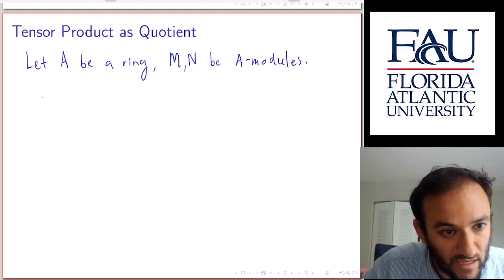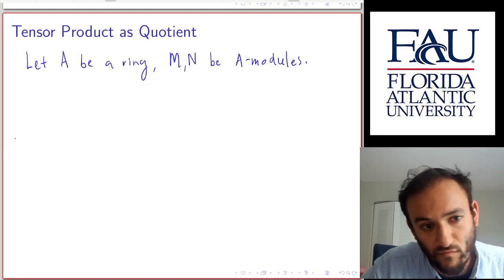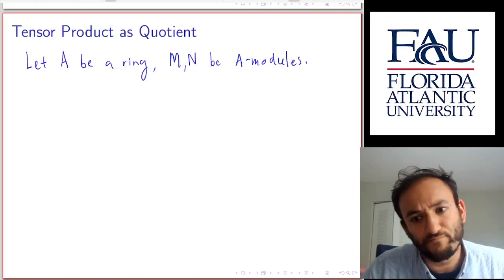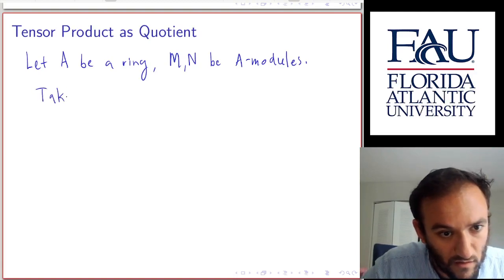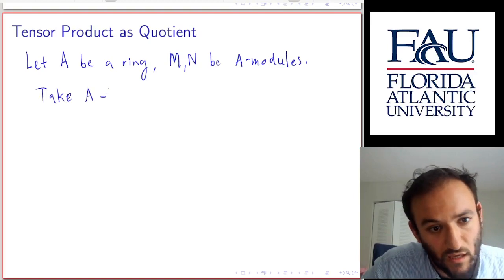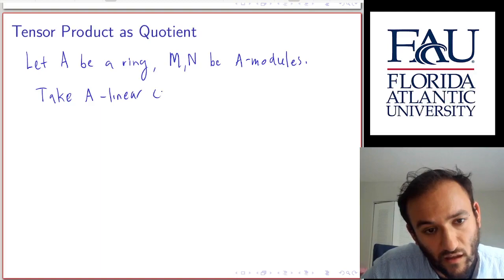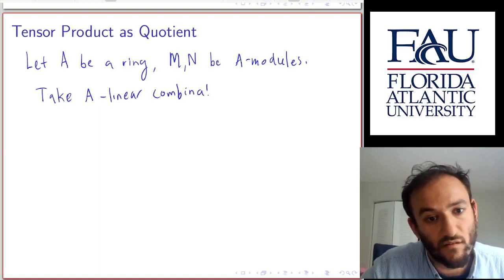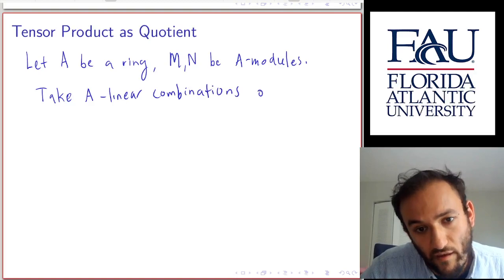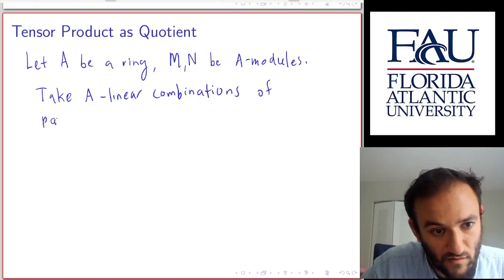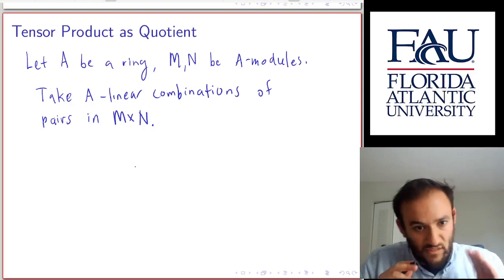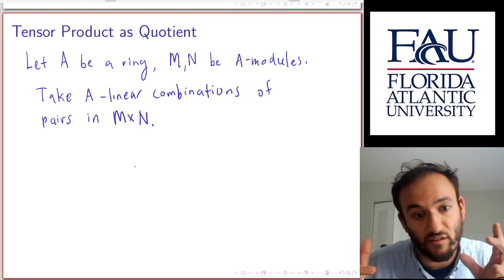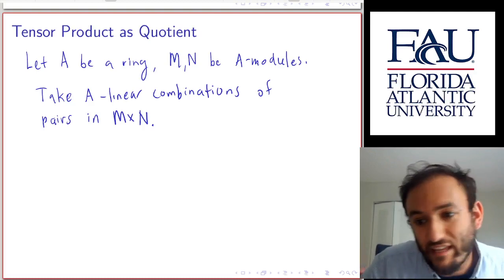We're basically going to take A linear combinations of pairs in M cross N. Okay, so just thinking about this set-wise as the direct product of sets M by N, and we're taking A linear combinations.